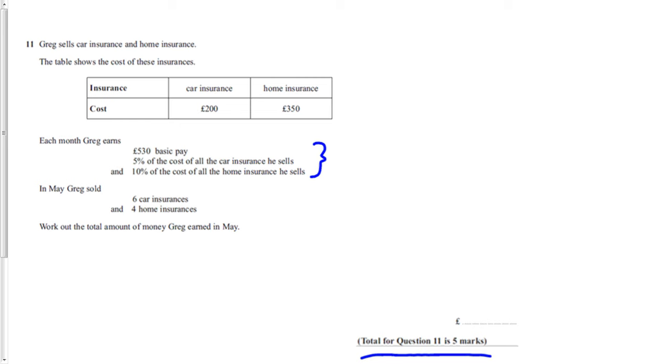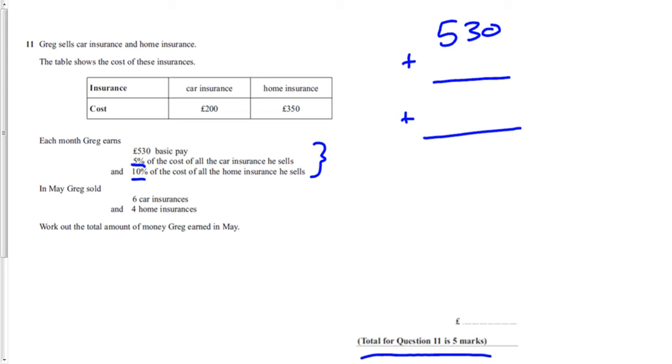He then sells car insurance, and for every car insurance he sells, he gets 5%. And for every home insurance he sells, he gets 10%. That's going to be the bonus he earns on top. So we're going to have £530 plus his car insurance plus his home insurance.